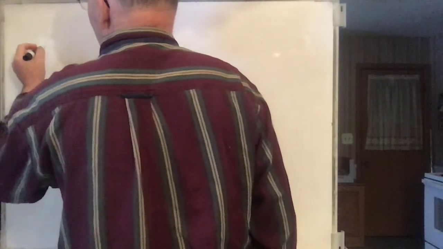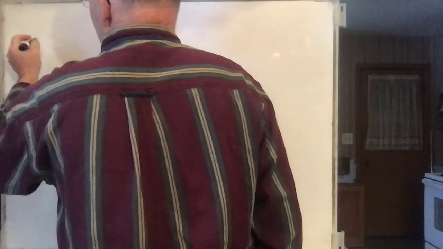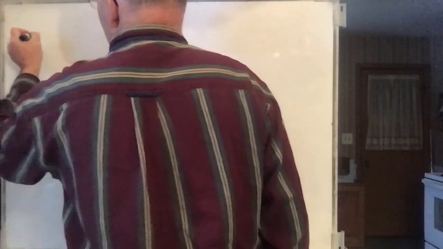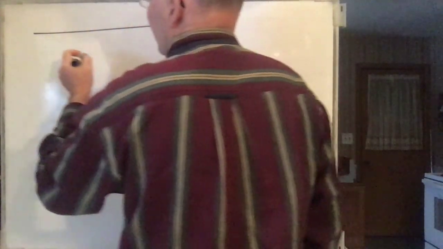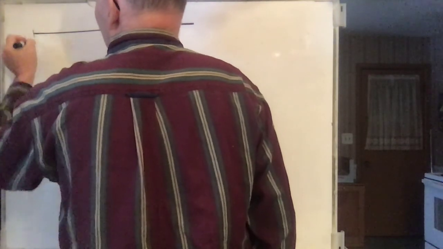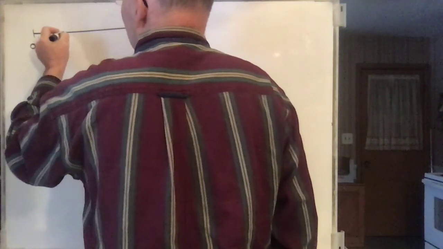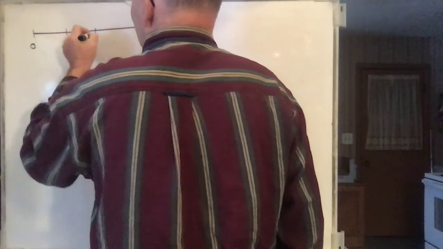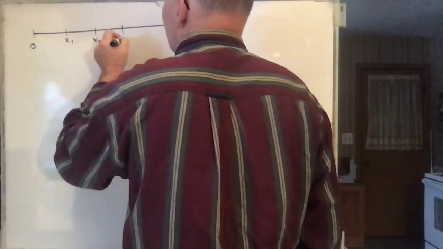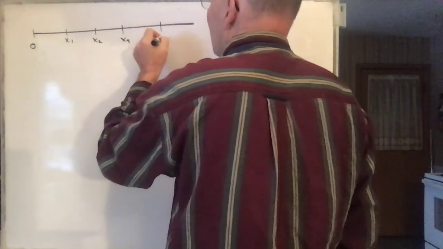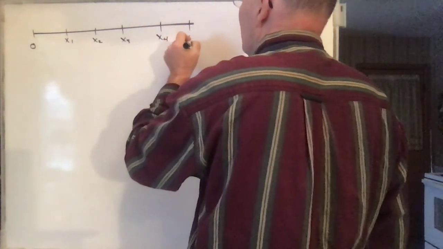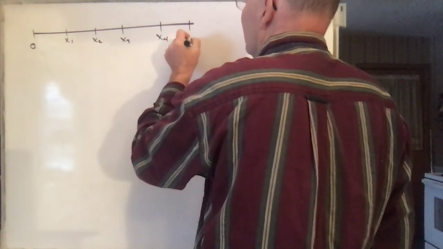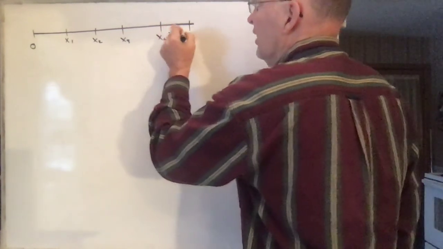So for example, suppose we have a bunch of weights on the x-axis here, and this is the origin right here, and say this is x1, and distance x2 and distance x3 and x4, however we want, up to x sub n.